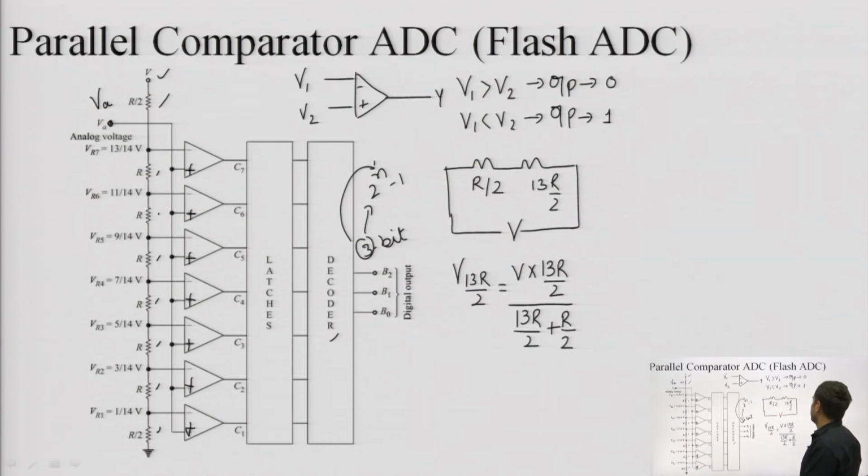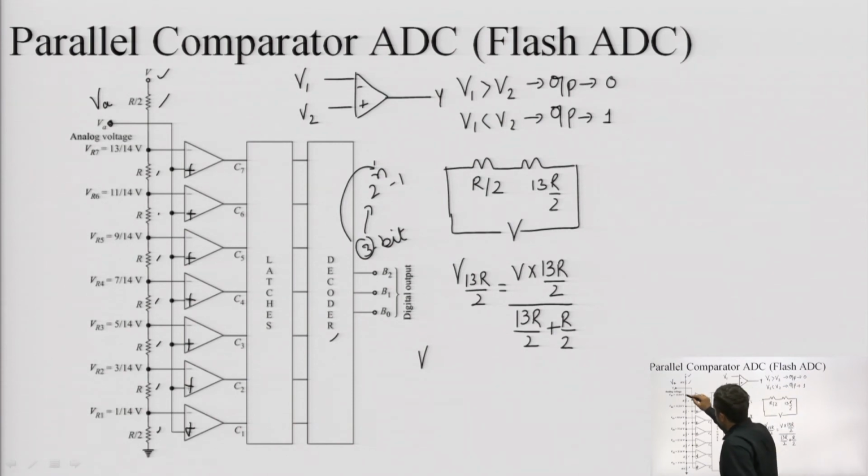If we calculate, this is the voltage at the point which we name VR7, because the comparators are named C7, C6, C5, C4, C3, C2 and C1.